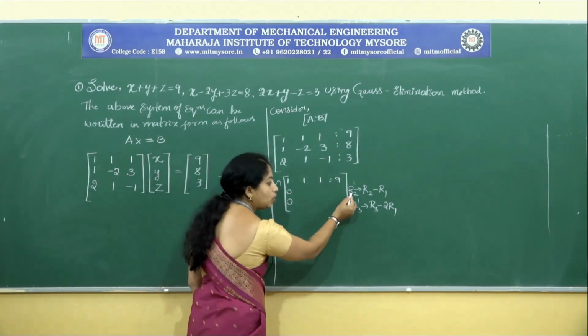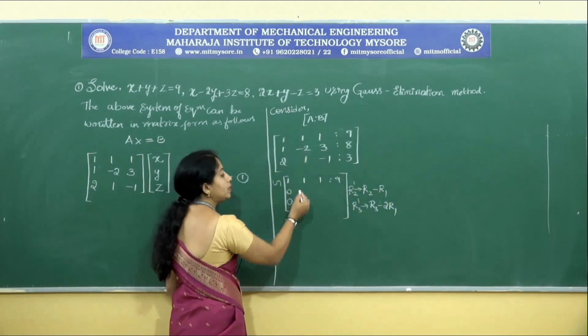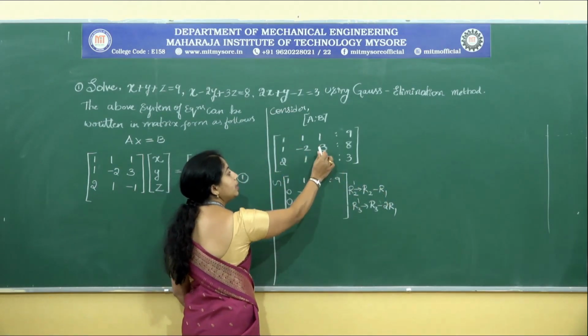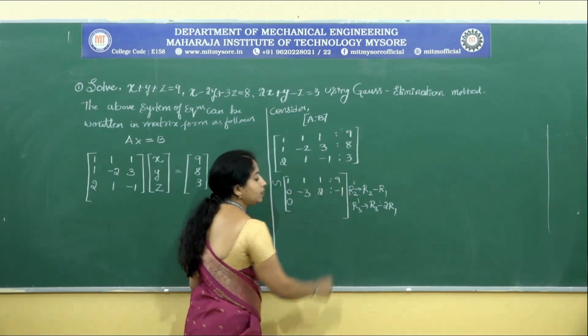See the first one, R2 dashes R2 minus R1, minus 2 minus 1 is minus 3, again 3 minus 1 is 2, 8 minus 9 is minus 1.